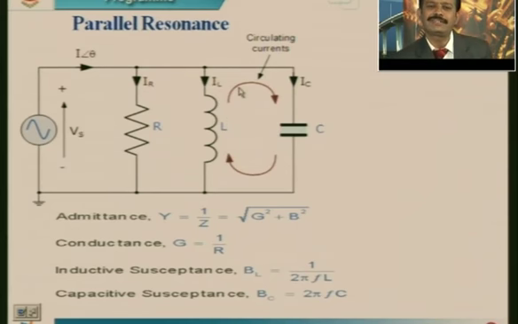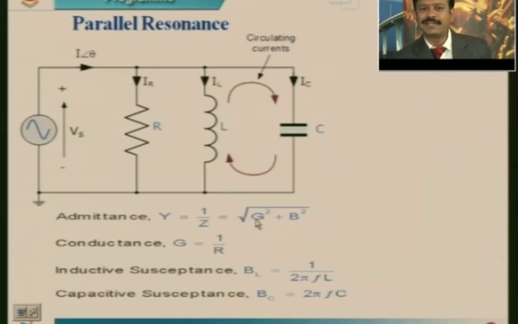Both are equal and opposite, so they cancel each other, and finally the total reactance becomes 0. Only the resistance remains in the circuit, and this part becomes open. Only the supply voltage and resistance are present, and the total current is equal to Vs by R only.